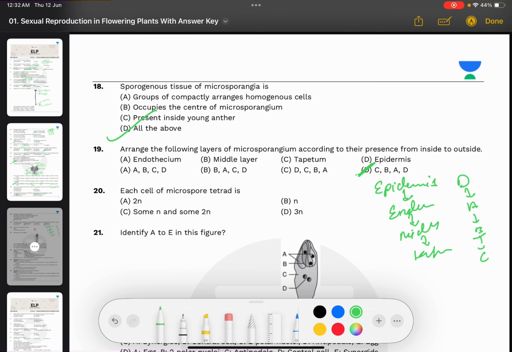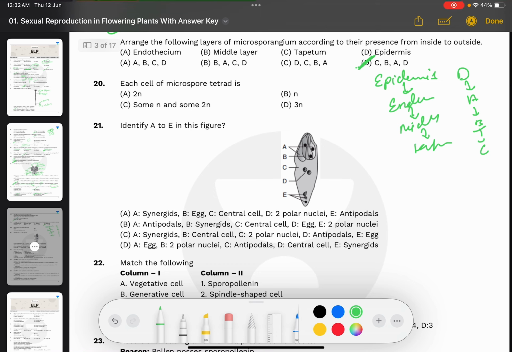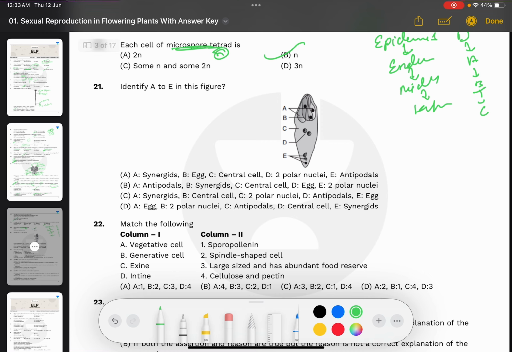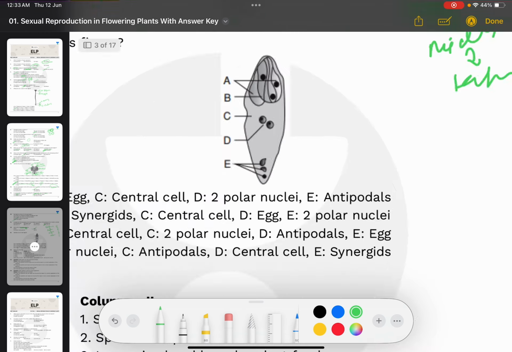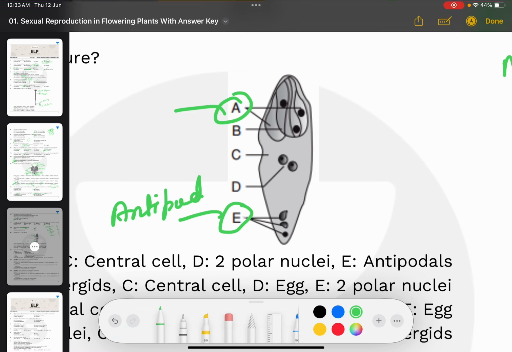Each cell of microspore tetrad is what? Identify A to E. Okay. So E is called the antipodal cells, and this D is what we call the polar nuclei.